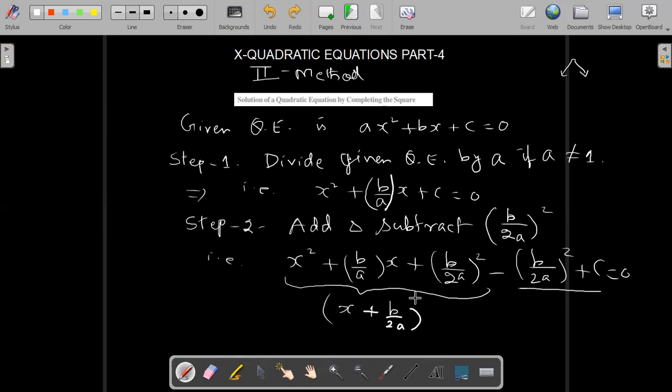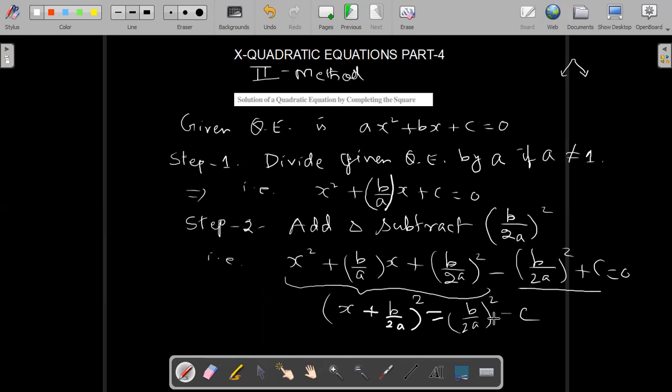Okay, this is the procedure. This will be a whole square and this will be brought to the right hand side: b upon 2a whole square minus c.